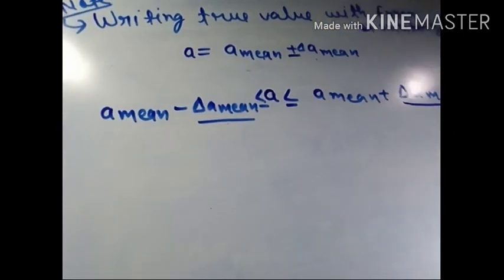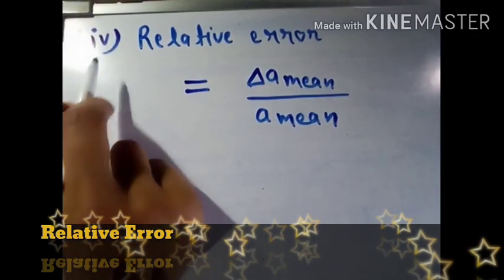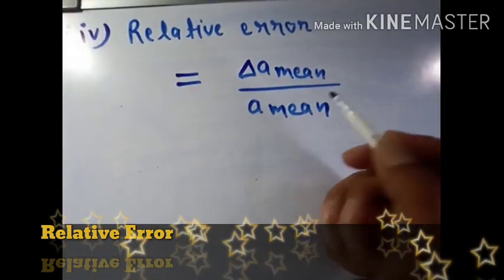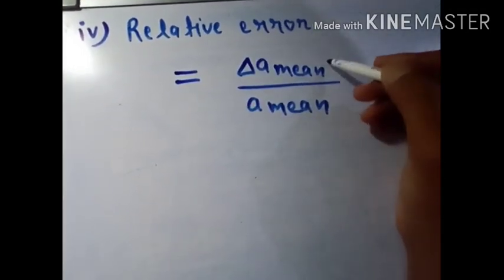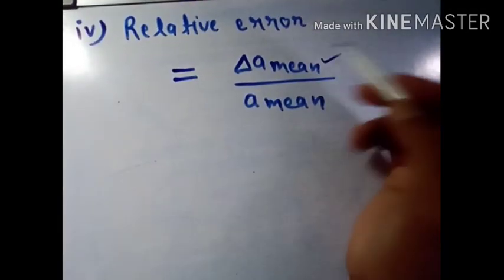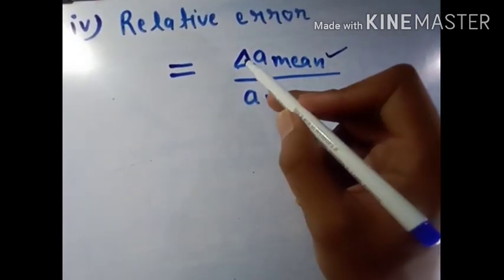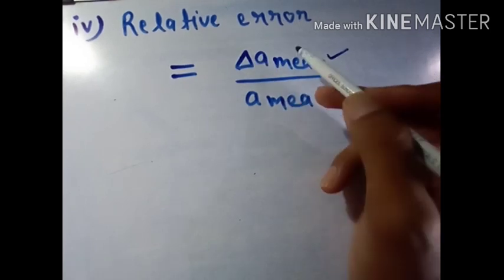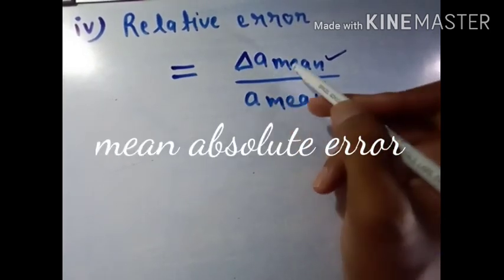So move to the next, that is relative error. This one is part 4. For writing relative error, we have calculated these two: A mean and delta A mean. Delta A mean is the mean absolute error. Make it clear, you call this the mean absolute error.